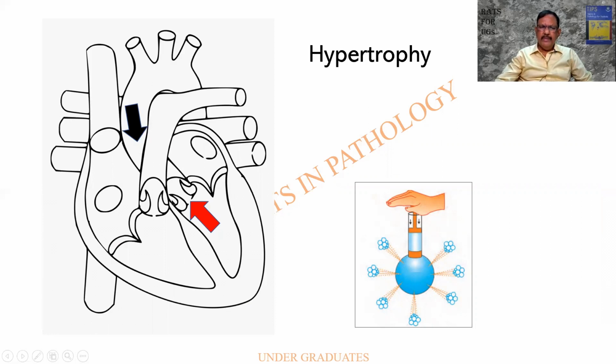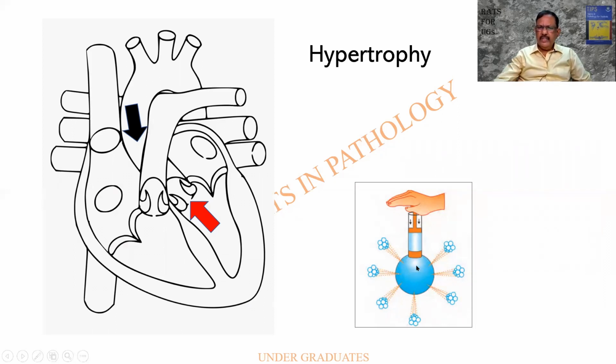Also, sometimes when there is an incompetence of the aortic valve, the blood again comes back. So in either case, there is a lot of pressure on the ventricle. Here, the blood is pumped against pressure. Here, more volume of blood comes back. Therefore, it is a case of hypertrophy.